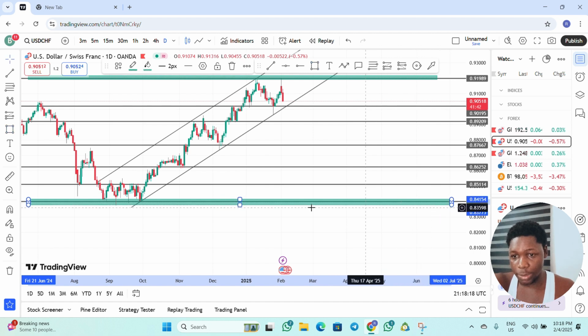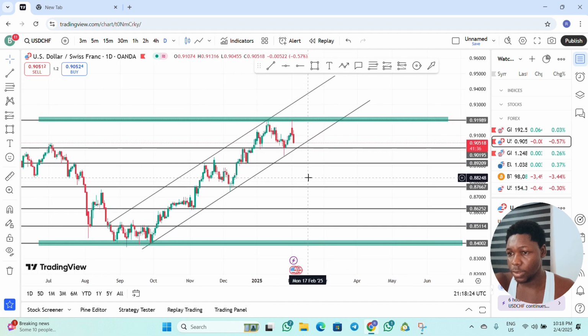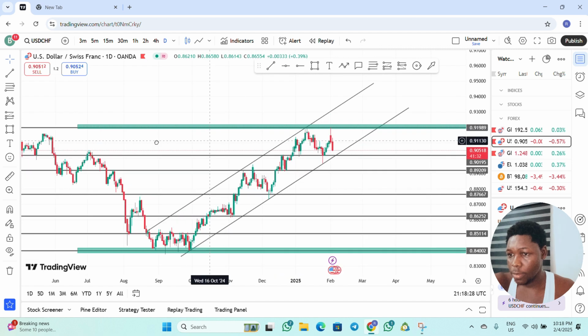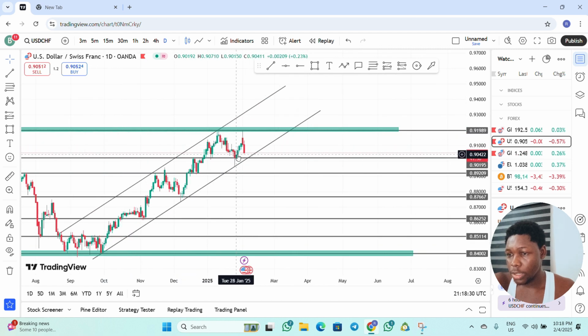I like drawing out both of them. So over here, this is what we get, and then the market is likely to touch here, to give us a touch here, and then to the upside.